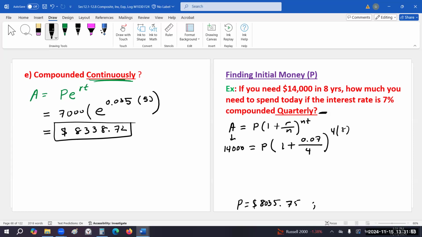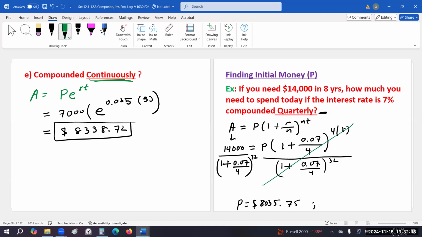Since you're solving for P, we need to divide both sides by that thingy, 1 plus 0.07 over 4 to the power 32. So they cancel out and we get P equals 14,000 divided by 1 plus 0.07 over 4 to the power 32.